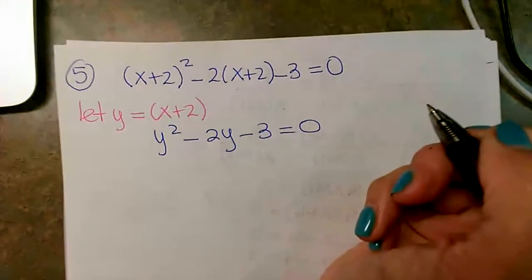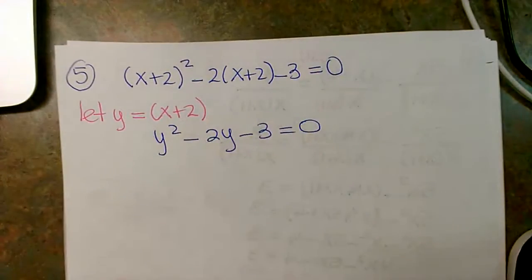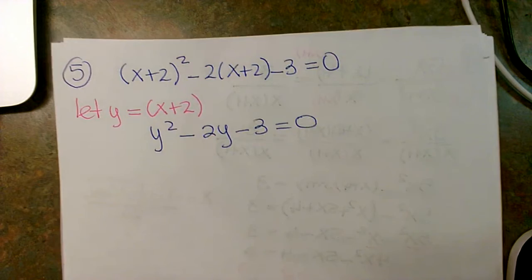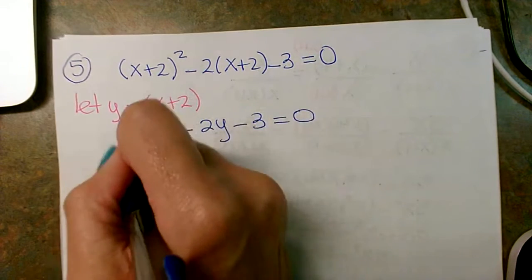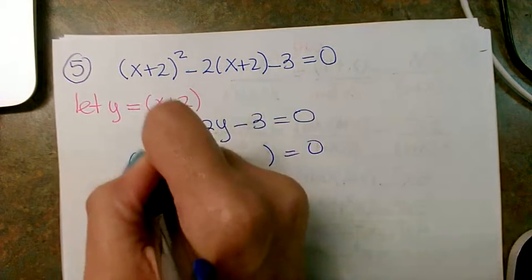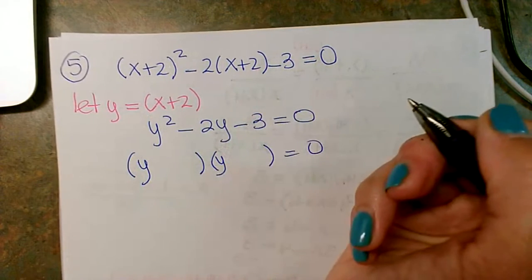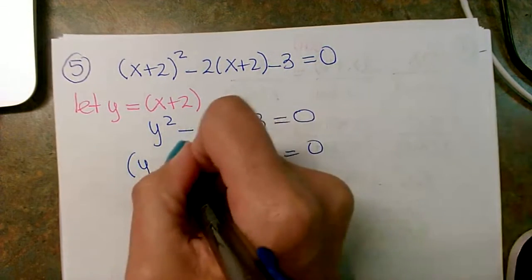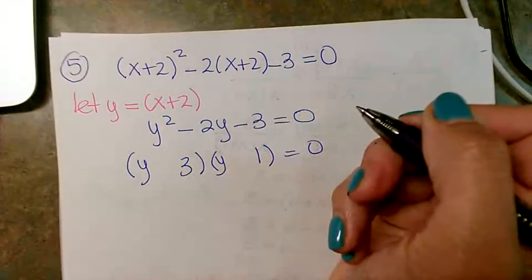You guys see that? At the end, we have to unsubstitute, okay? So we're going to factor this. We have a y and a y, times 3, right? 3 times 1.